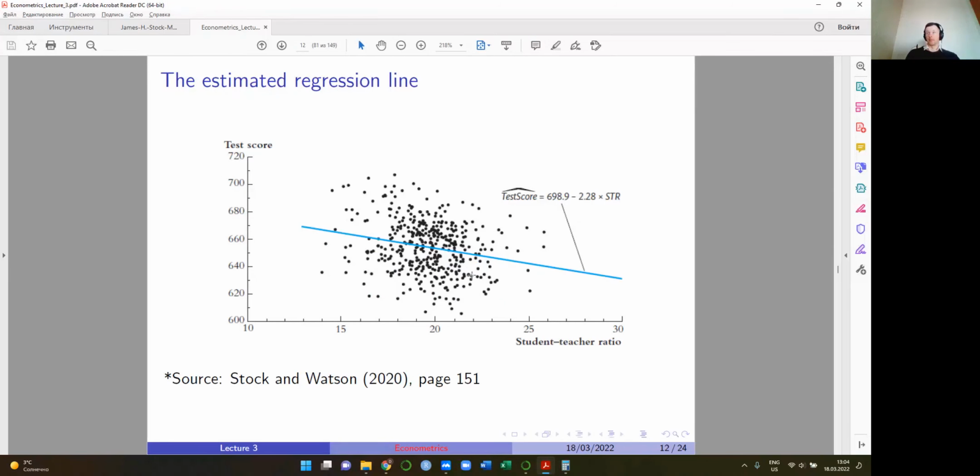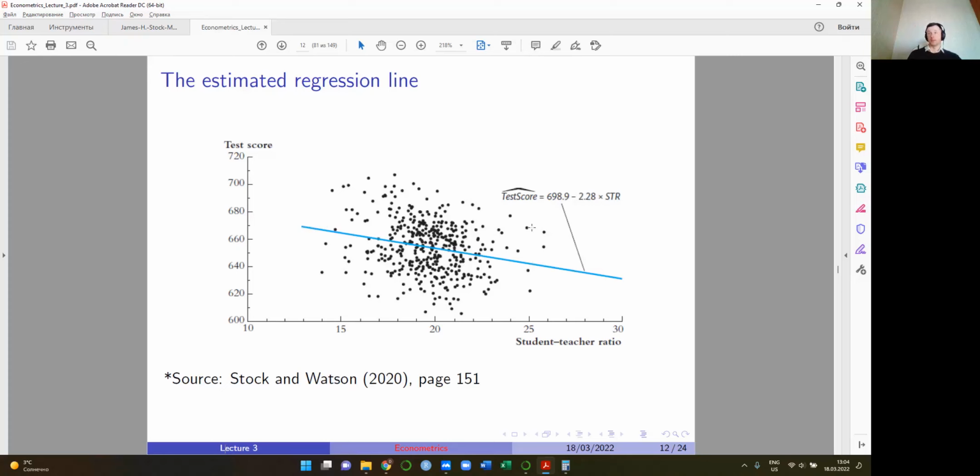Now, if you look at the graphical representation of what we have found, I decided to borrow this picture from the textbook instead of building this myself, but next week, in the exercise session, we will do this together with the help of Python. So we see a scatter plot of data, and a line which has the estimated parameters, 698.9 as the intercept. If you extend this line, there is going to be the intercept where the line intersects the vertical axis.